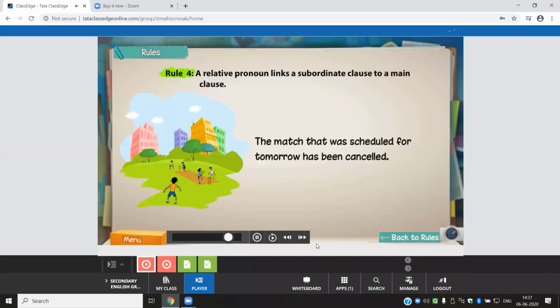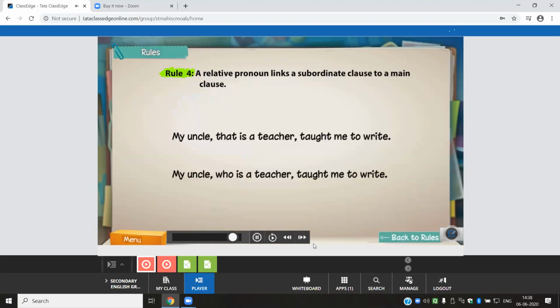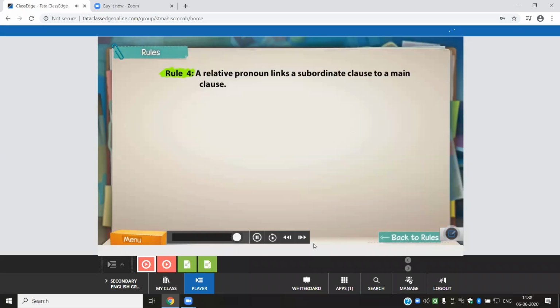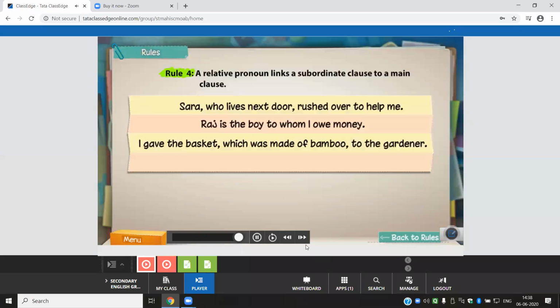When using the relative pronoun that, do not add a comma before it. In writing, that is replaced by who when referring to a person. Here are a few more examples of the relative pronouns who, whom, which, and that.